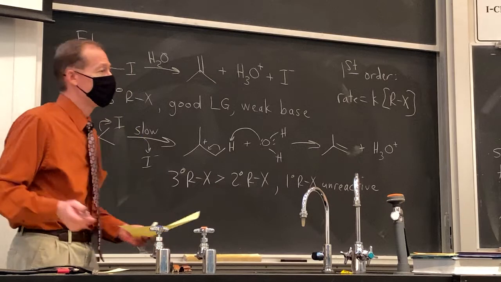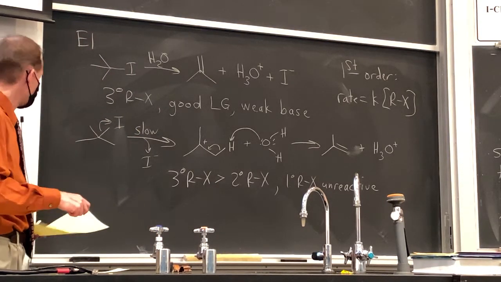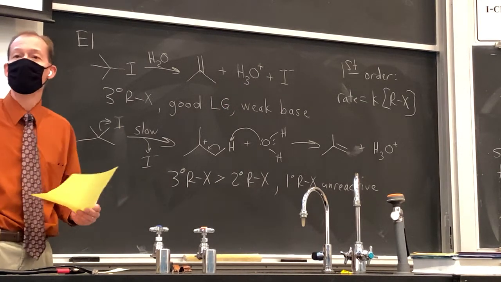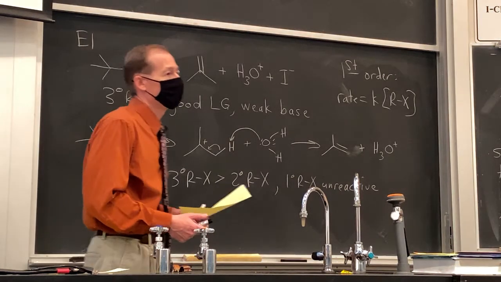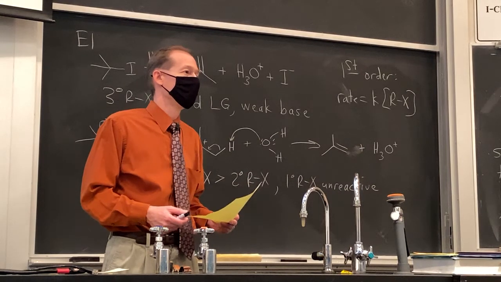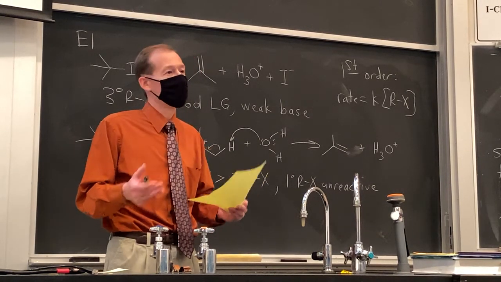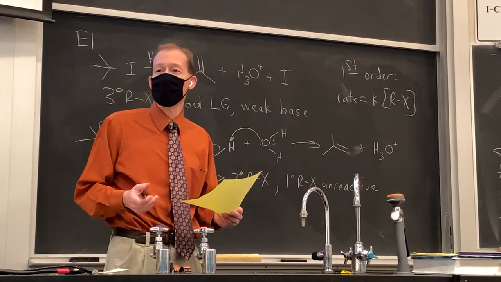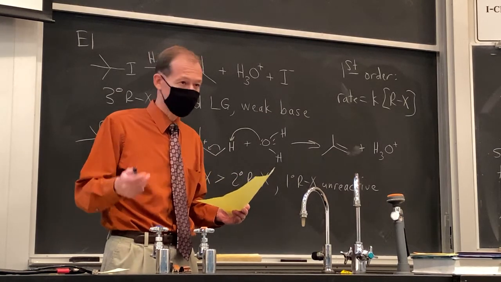Okay, so another factor in the E1 reaction is that it will only happen with a weak base. What would happen if we treated an alkyl halide with a strong base? Exactly, okay? So this is not a scenario where the weak base is favoring E1. What's happening is that the weak base is preventing E2 from happening.